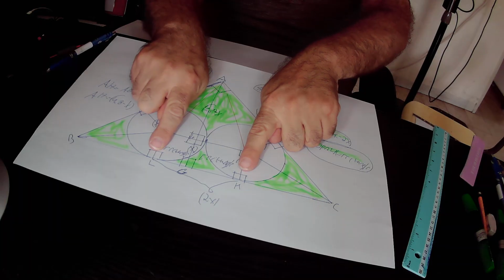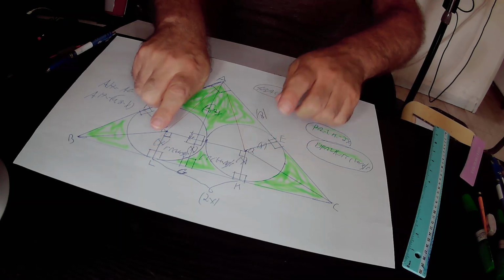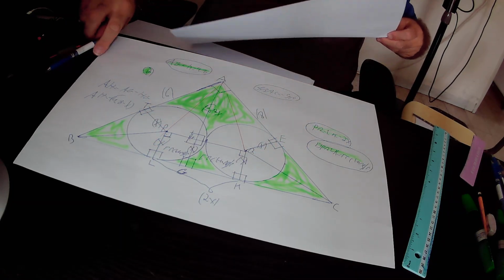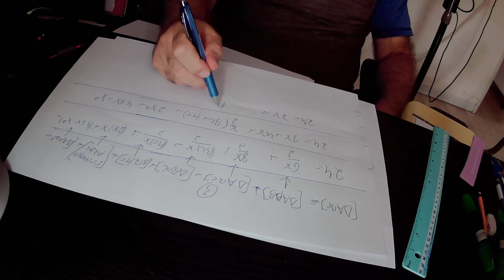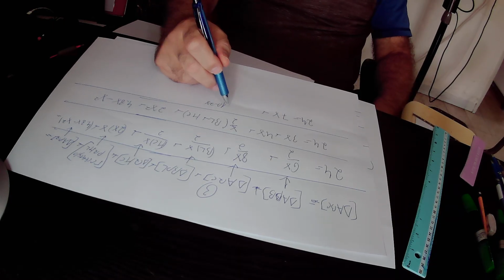Therefore, BL plus KC must be equal to BC, that is 10, minus LK, that is 2x. So in total, BL plus KC equals 10 minus 2x units.